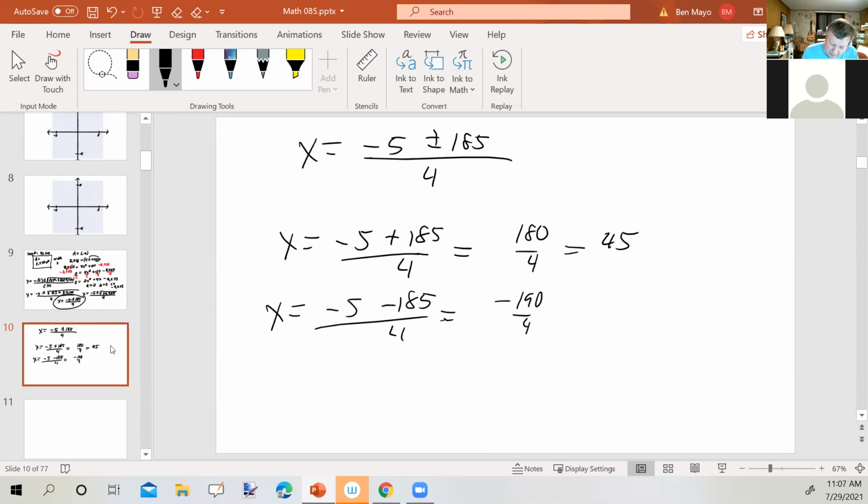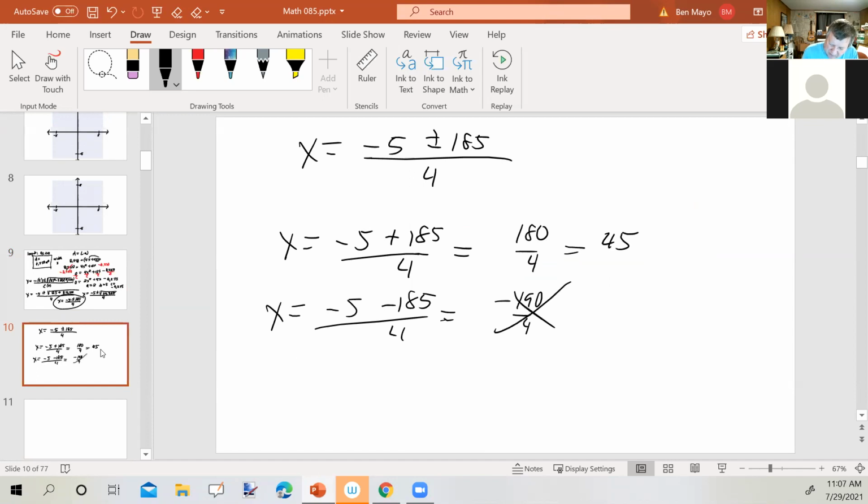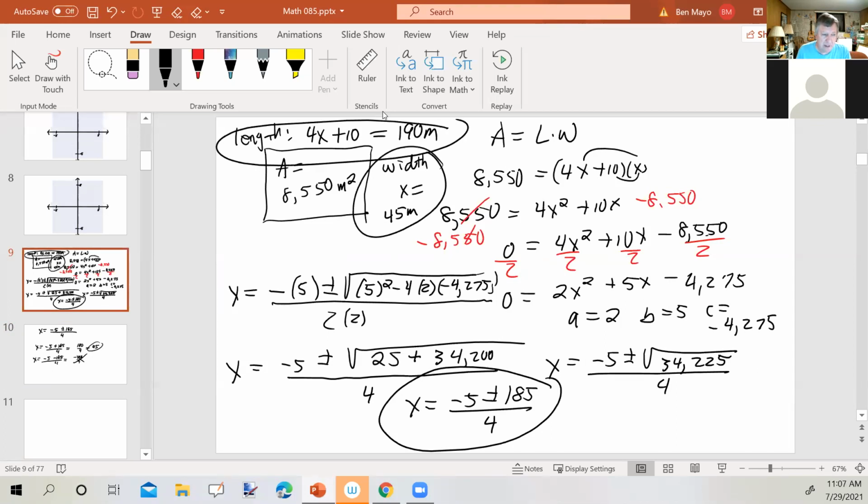And frankly, I don't care what that is because we're looking for distance. This is going to be negative. So my only answer is going to be 45, and that is meters. So the width is 45 meters. The length is 4 times 45, which is 180, plus 10 would be 190 meters. So the width, 45 meters, the length, 190 meters. You okay with that? Any questions, anybody on that one? Okay. All right. Any others that you want to look at?